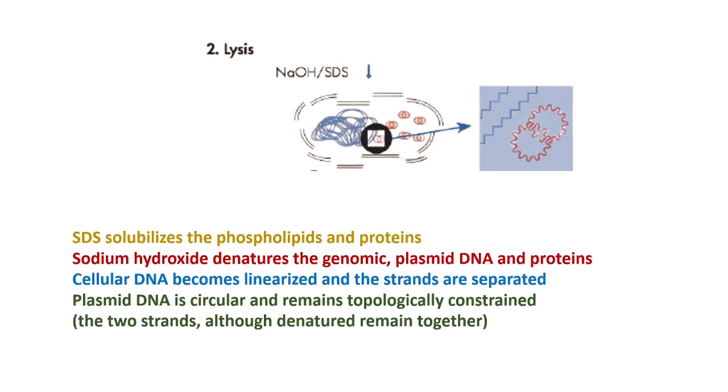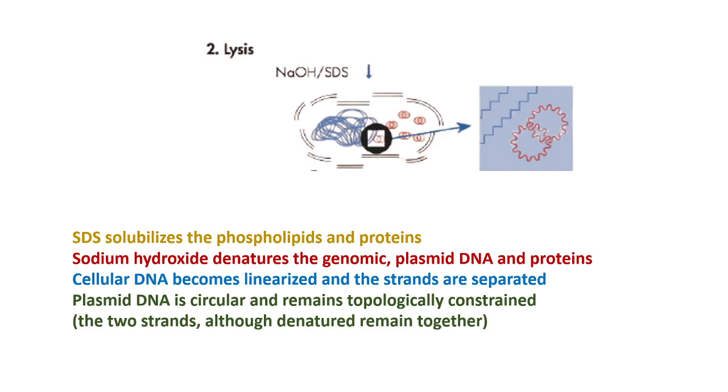What is this SDS doing? SDS, as we know, is a detergent. It will remove the phospholipid and solubilize the protein so that the cell will break open. The same SDS we use for the DNA isolation also, and here the SDS is doing the same thing, removing the phospholipid and solubilizing the proteins.